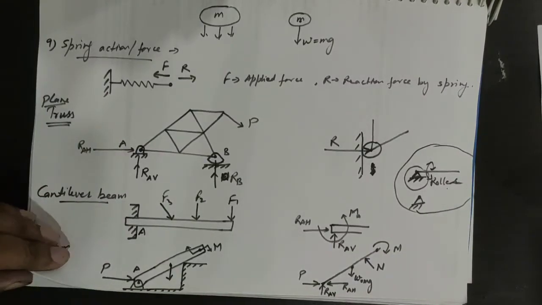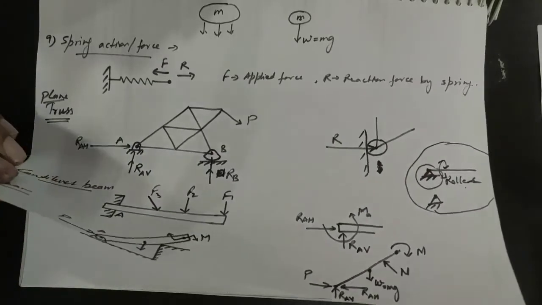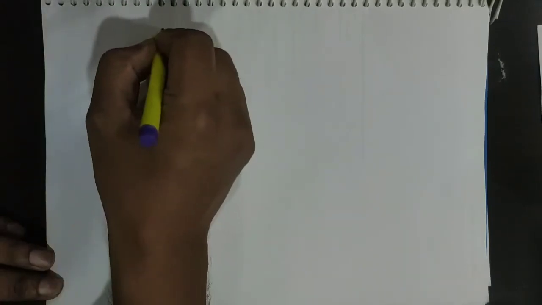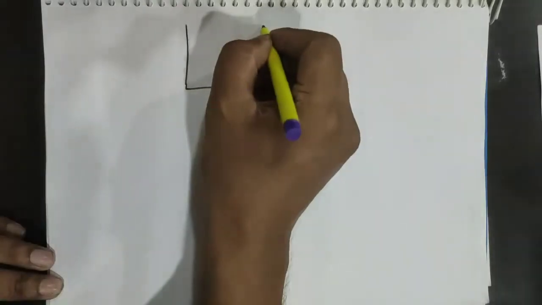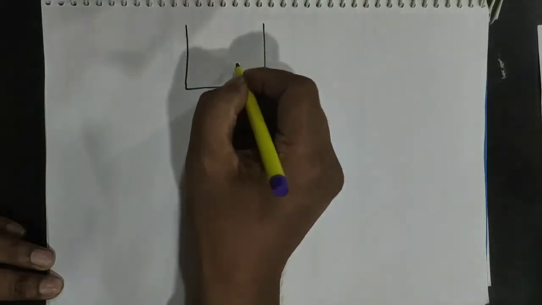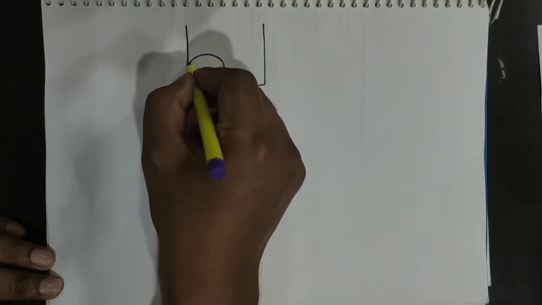A few kinds of problems we may also study in mechanics, like one cylinder or drum, a two-dimensional body like this, which has two spheres like this.